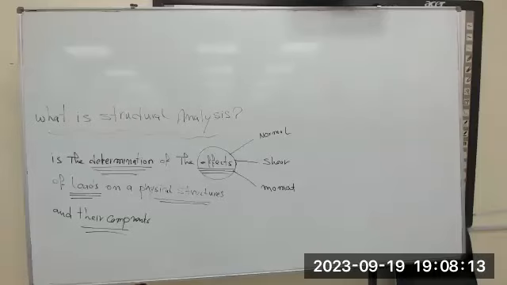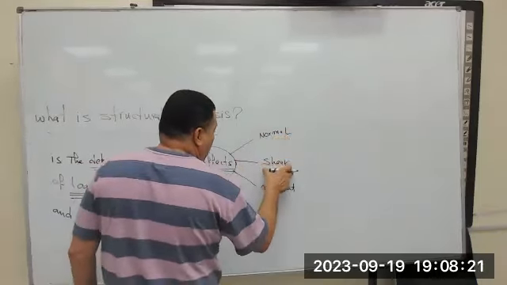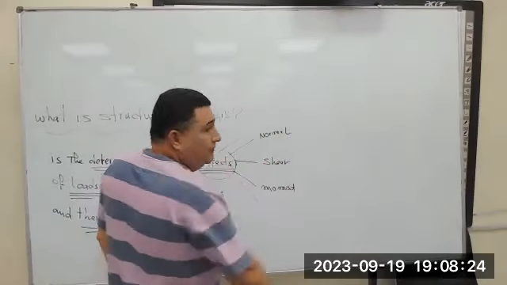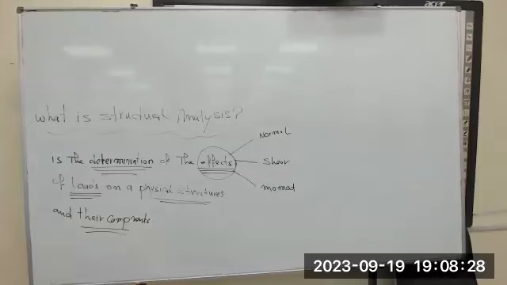If you have external load, we need to determine what? Determine normal force, shear, moment, stresses, and equilibrium. Equilibrium means whether the thing is stable.